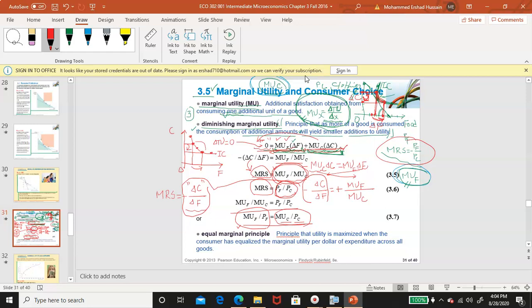So we are saying that at the tangent point right here, the slopes are equal to one another.